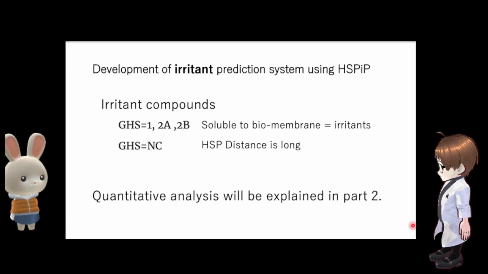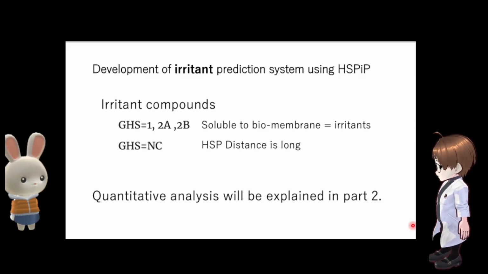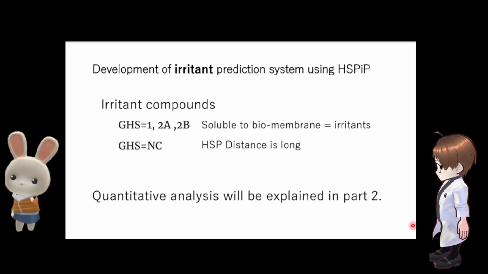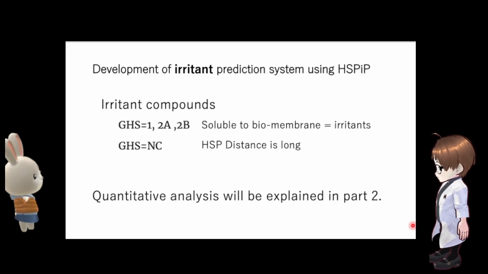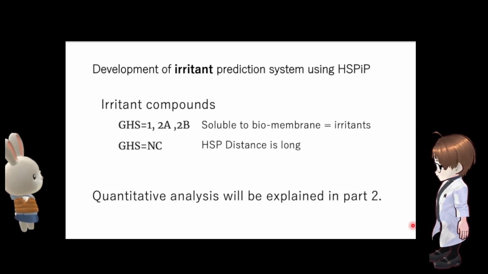Irritating compounds to the eye have similar Hansen solubility parameters. They come inside the Hansen solubility sphere. So if you want to know if they are irritating or not, you can calculate the HSP and determine if the vector comes inside the sphere. Quantitative analysis will be explained in part 2.